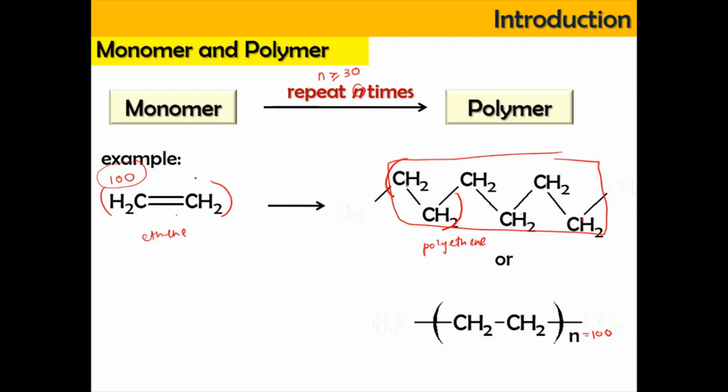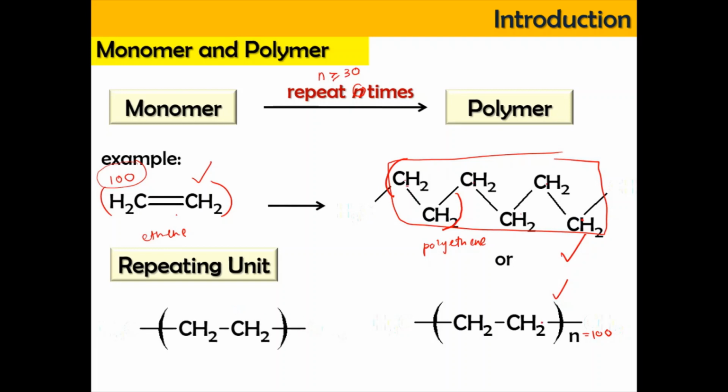So that is the monomer. This is the polymer. And the repeating unit is basically the same as the polymer but without the letter n. Unit yang berulang hanyalah CH2 dan CH2. This bond here refers to the connection to the next repeating unit. CH2, CH2, dia akan bergabung dengan repeating unit yang lain. So this part here is also important. Same goes for the polymer.